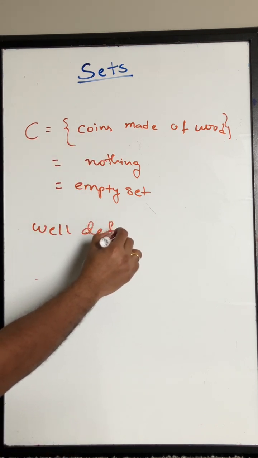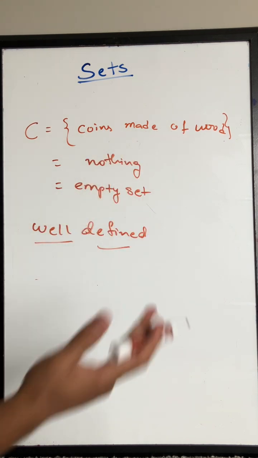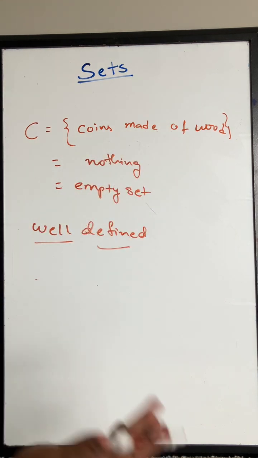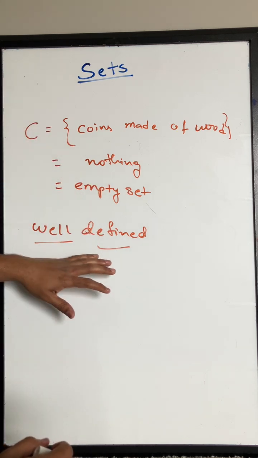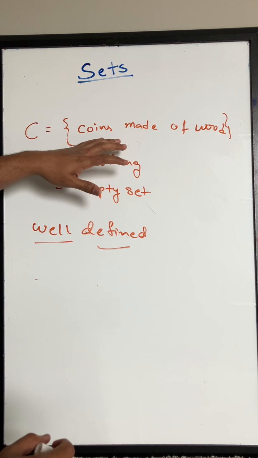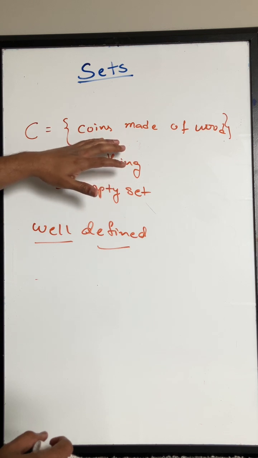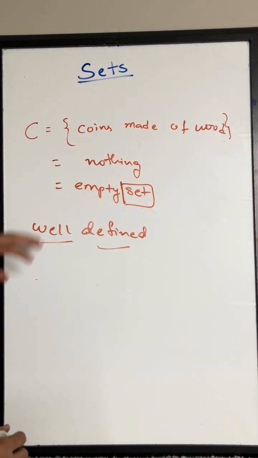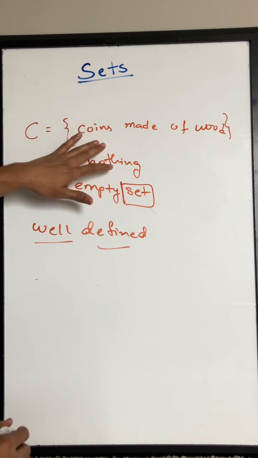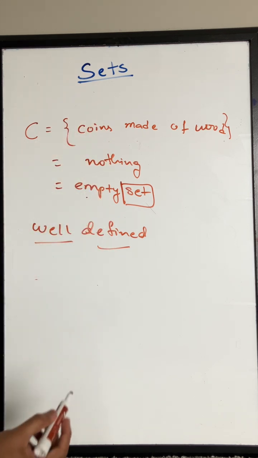Yes, it is well defined: coins made of wood. I collected all the coins made of wood. My definition is correct, and I have all distinct elements. There are no duplicates. By definition, this is correct. That's the reason we put the word set here. So by definition, we have to call it a set, but since it is empty, we say empty set.